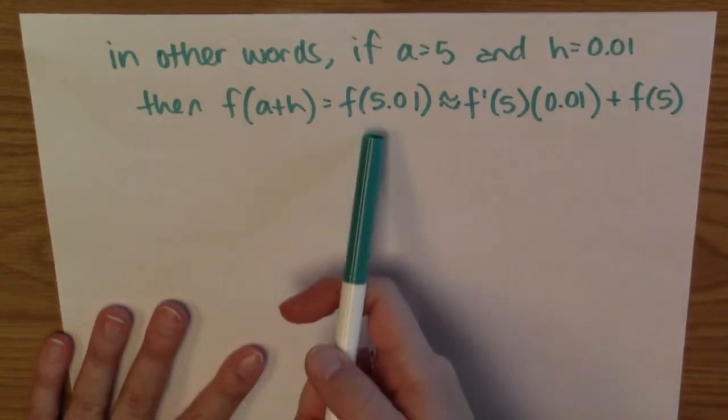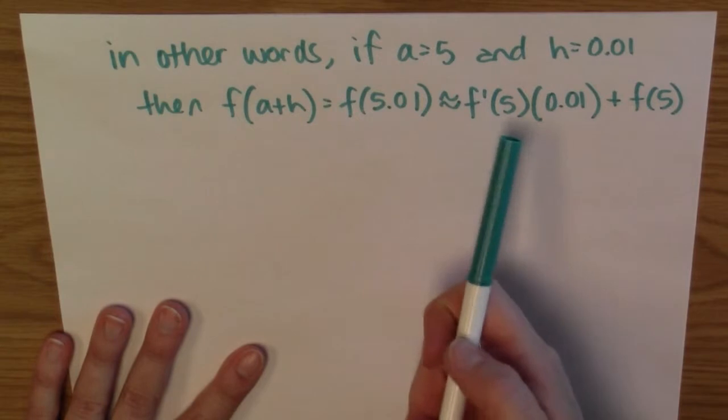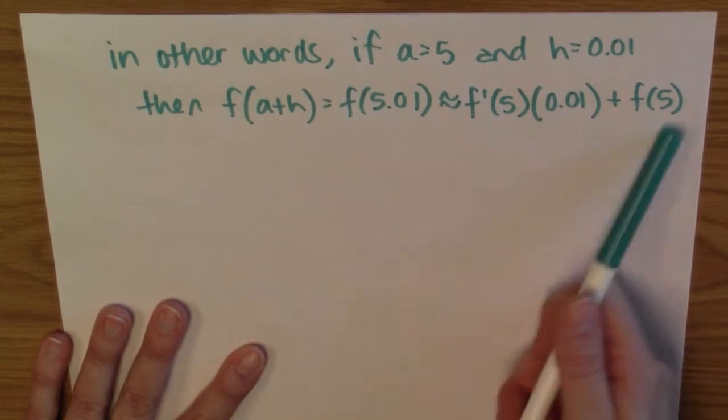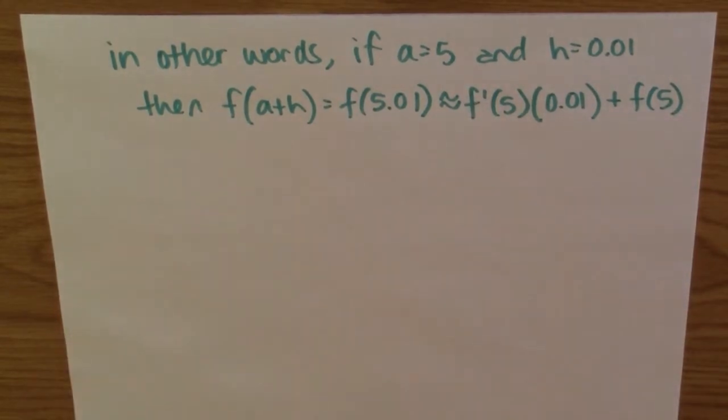So this is an approximation to the function f at 5.01 using this information from the derivative. So that's one way to look at what we're doing.